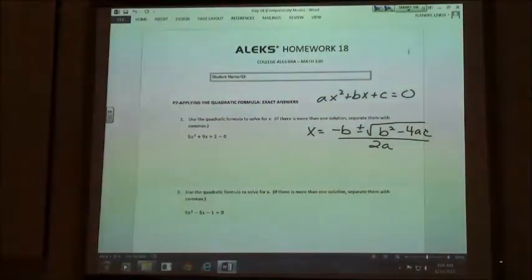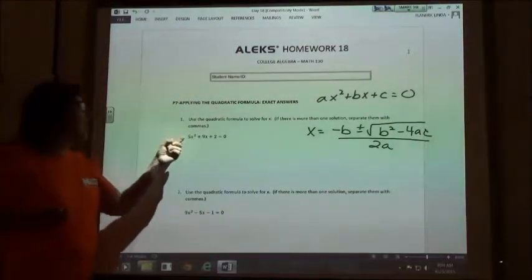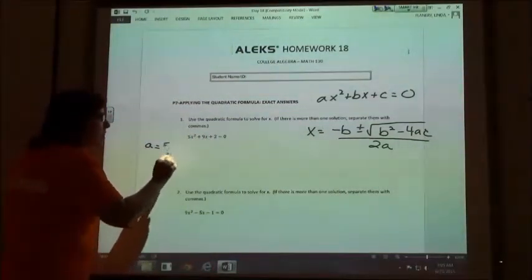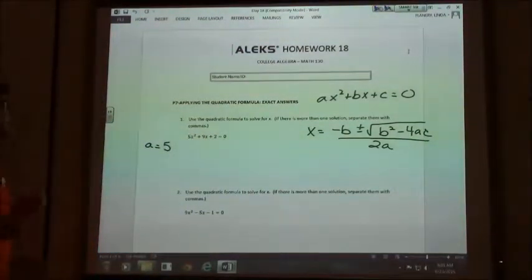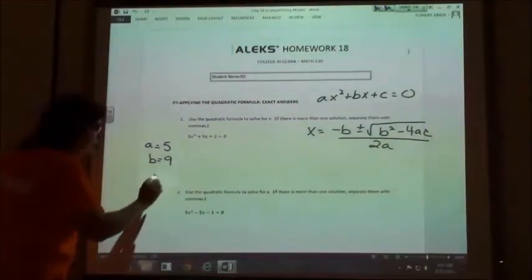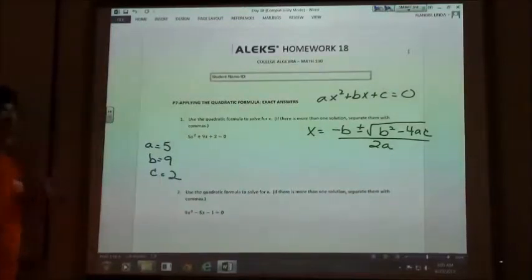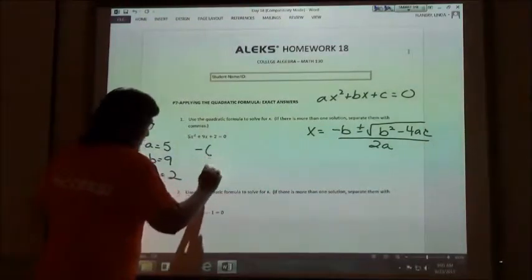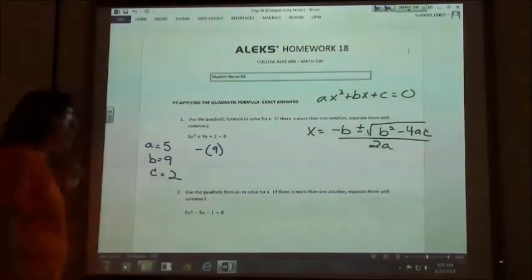So, if I look at my quadratic equation and I have 5x squared plus 9x plus 2, the a value is the 5, which is the coefficient of my x squared, the b value is the 9, and the c value is the 2. So plugging into my quadratic equation, I have minus the b value, which is 9.